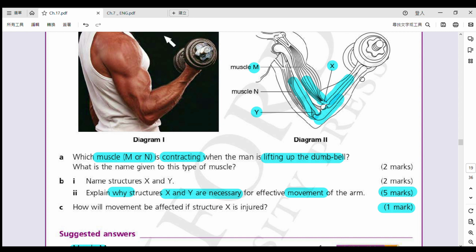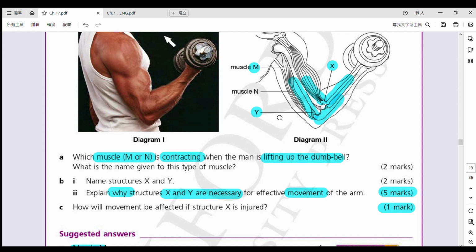Do you remember this paragraph? Thus, it allows the arm to move. Alright, so these 2 points.